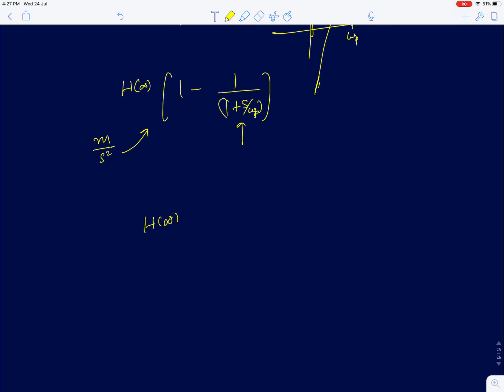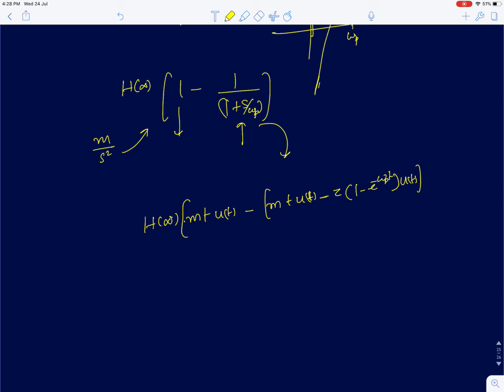So this would be h infinity, the first term will lead to h infinity into m t into u of t. The second term is a low pass response, so I'll take h infinity common out. I'll get minus m into t into u of t minus tau into 1 minus e power minus omega pt into u of t.